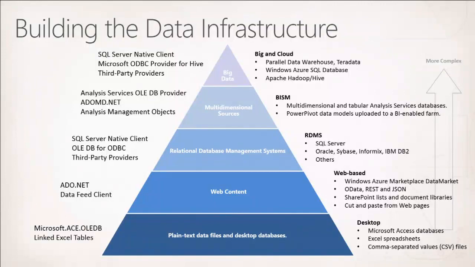And then at the top of the pyramid here, you have the parallel data warehouse, large volume of data, right? You can think of it as, at the bottom these are small volumes of data but a lot more of the files, while going to the top, you get smaller and smaller in number, but huge volume of data, right? So you can think of it as the overall data infrastructure, depending on what you're using in your organization.